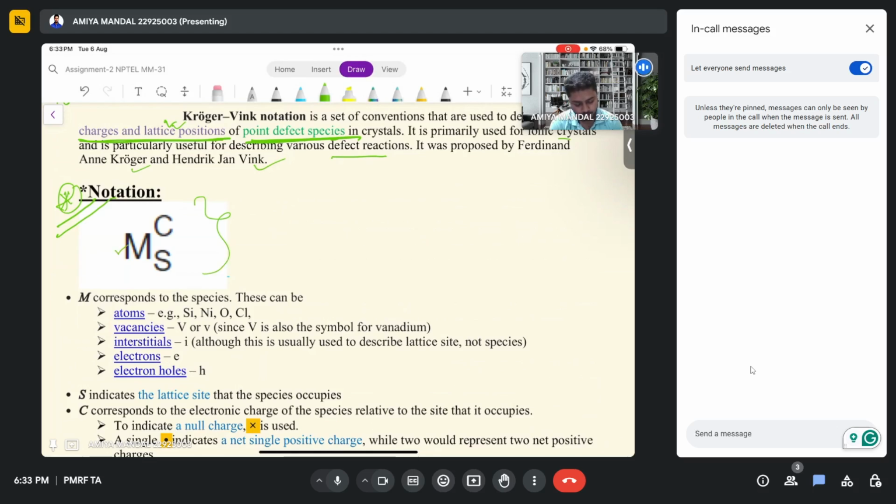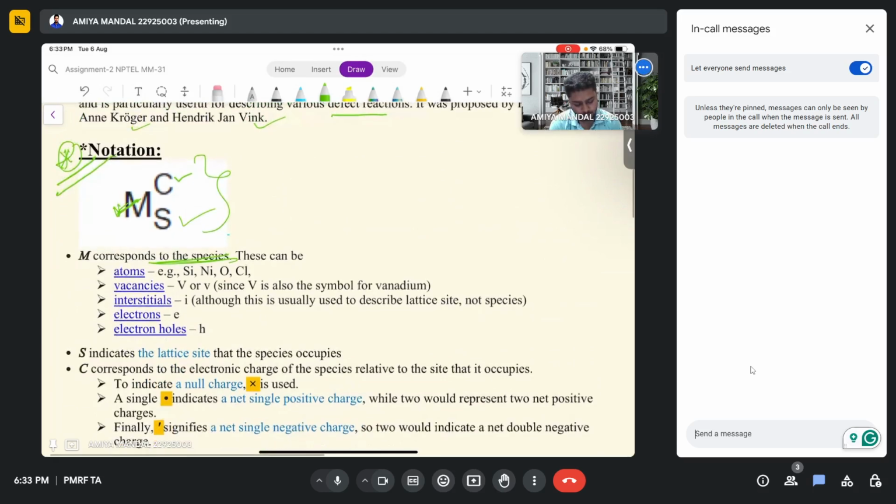It is M, C, S. M corresponds to the species. And what is C? What is S? We will know it later. First of all, what is M? M can be atoms, vacancies, interstitials, electrons, holes.